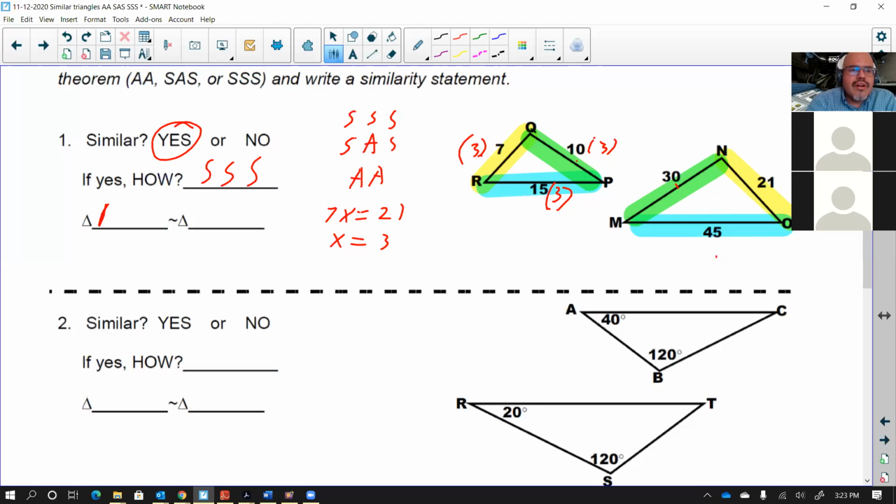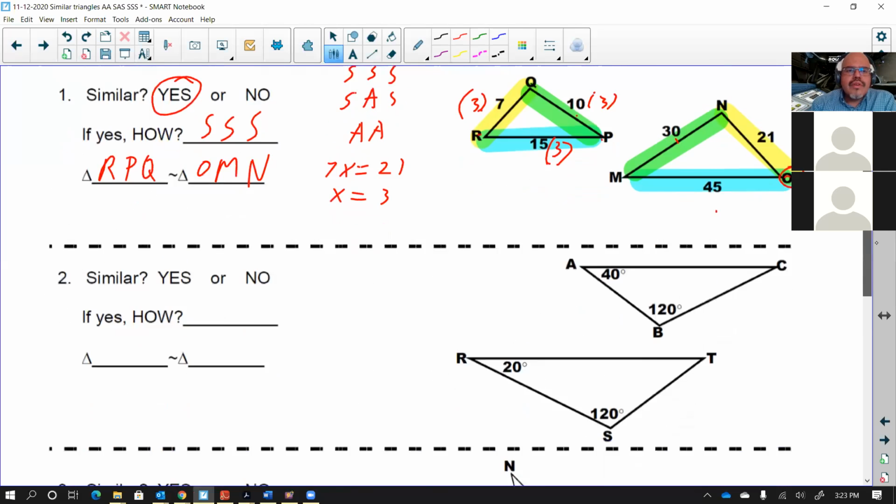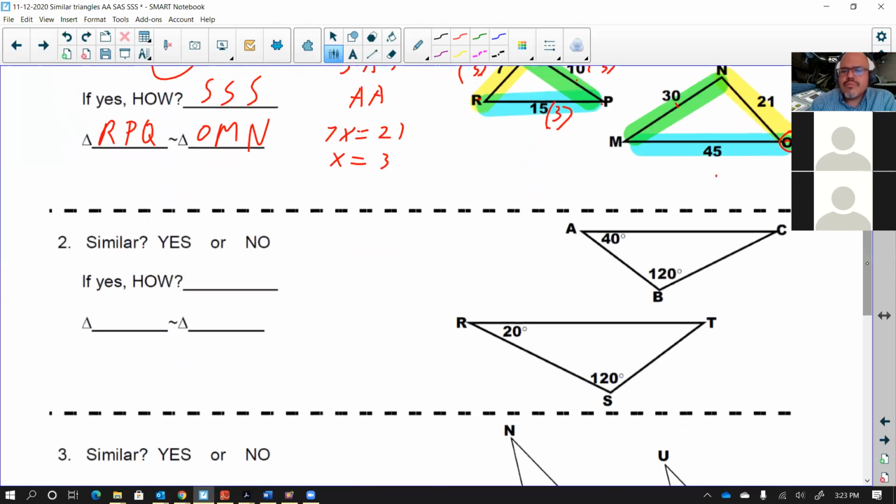So I'm going to name this R, P, Q. And the other triangle starts right here. We said R, P, Q, so R is across the longest side, so it's M, N. Okay, so yes, they are similar.